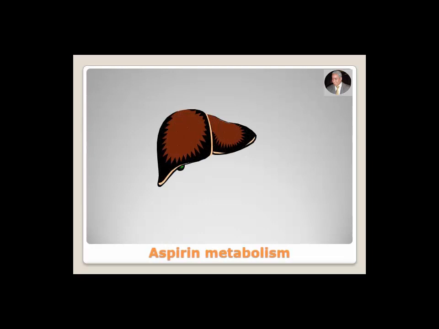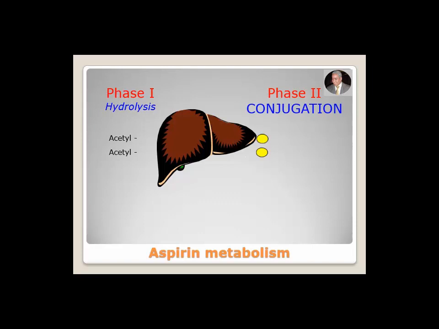Aspirin metabolism occurs in the liver. Metabolism starts by a phase 1 reaction, which is hydrolysis. Acetyl salicylic acid is hydrolyzed to release the salicylate ion. Then a phase 2 reaction follows, which is conjugation.